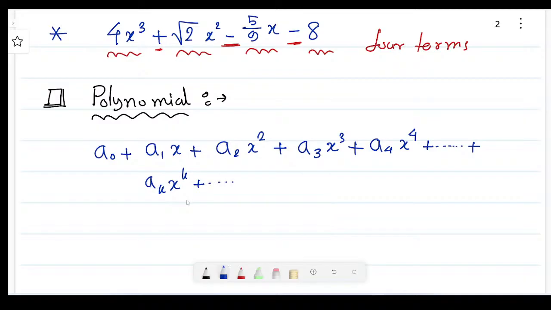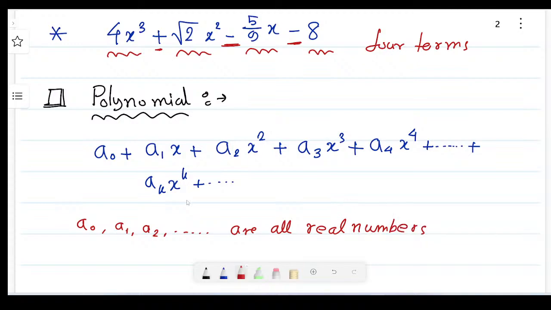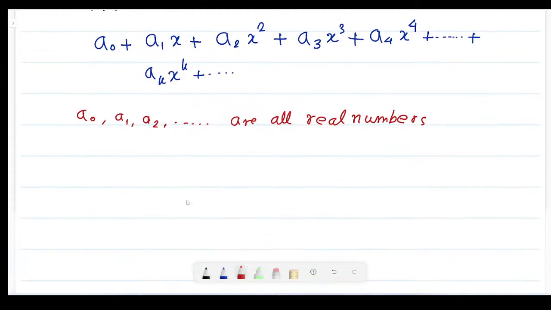So in this expression, a0, a1, a2 are all real numbers.